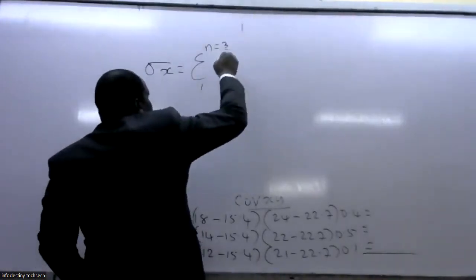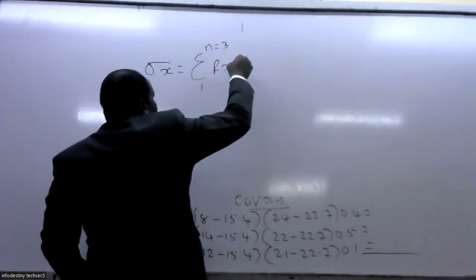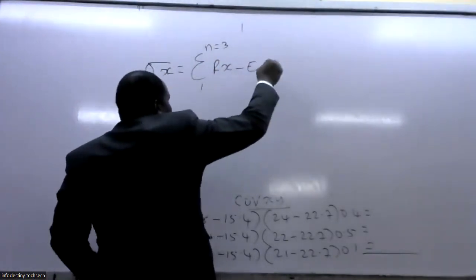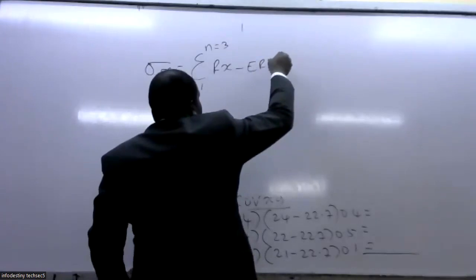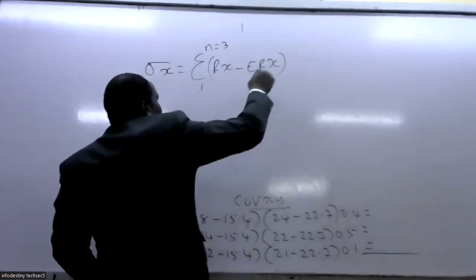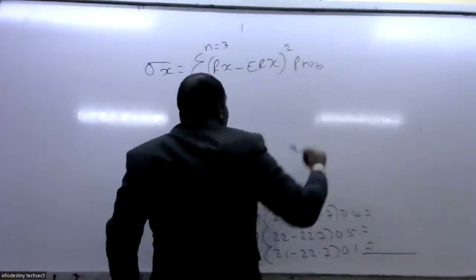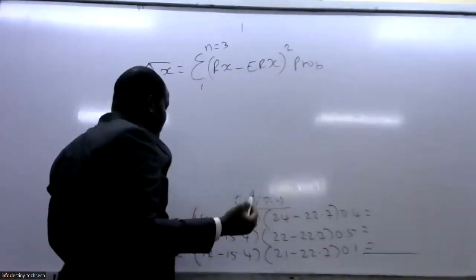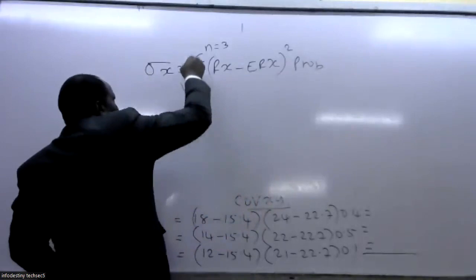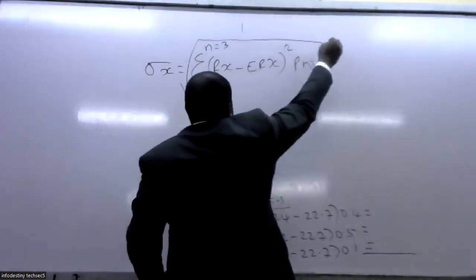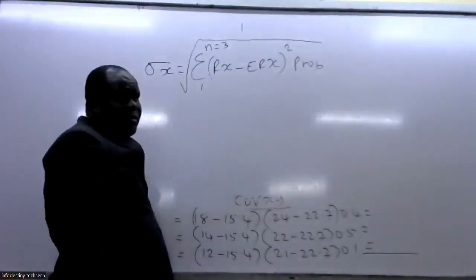There were 3 observations. So return for X minus expected return for X, we square, then we multiply by the probability, then we come up with the square root.